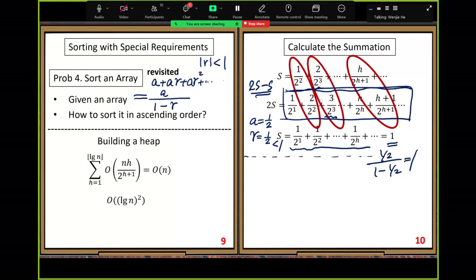When we use the bottom row to subtract the upper row, we do it this way. The first term, 1/2, has no corresponding upper number paired with it.